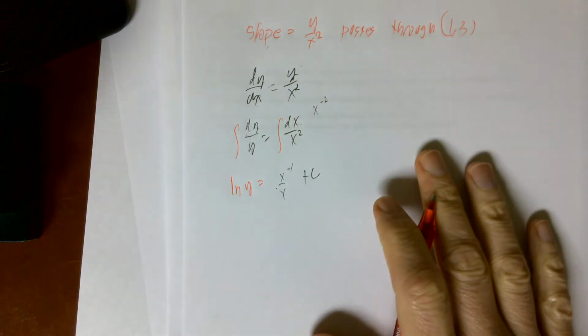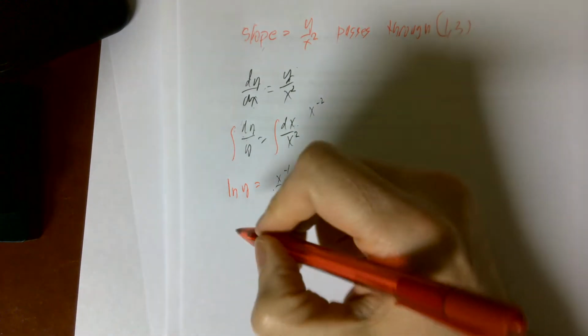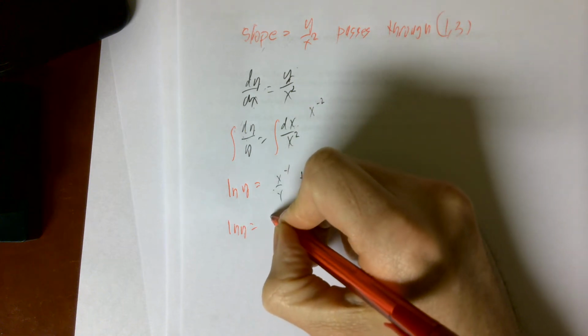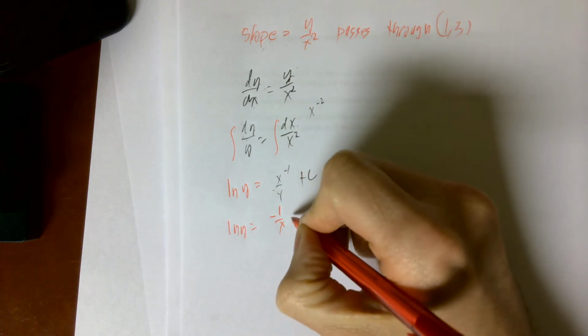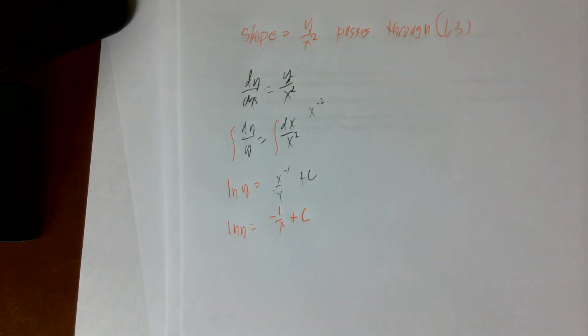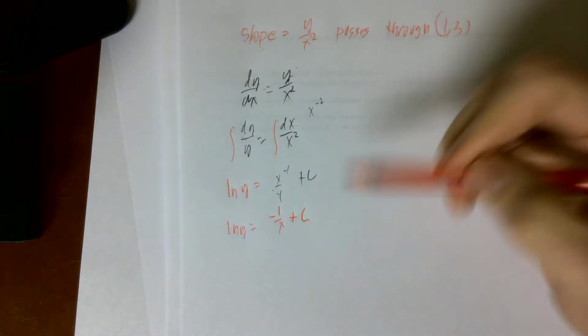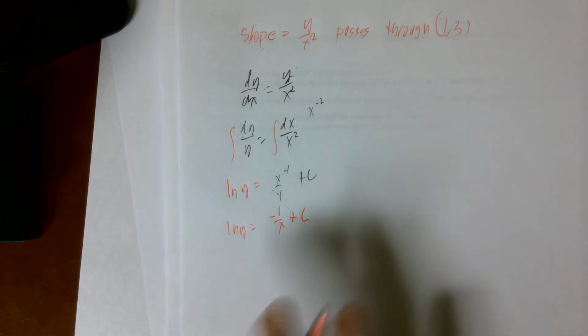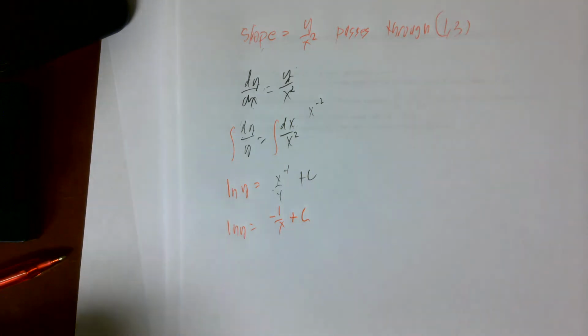That gives me natural log of y is equal to negative 1 over x plus some constant. Again, you should be writing these out. I think I've got 2 more examples, but the more you can write these out, the easier it's going to be for you later on.